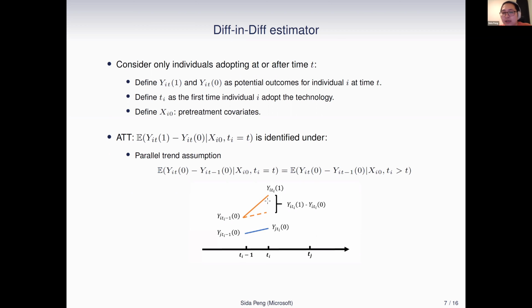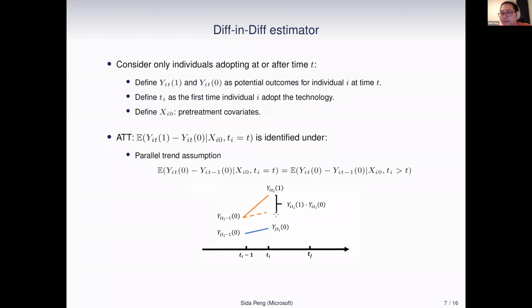Notice that because i already adopted at time T_i, what we observe is Y_iTi(T_i), the potential outcome evaluated under adoption. The parallel trend assumption says that if i had not adopted at time T_i, it would move in a similar trend as Y_j, drawn by the dashed line. The difference here is the ATT we are interested in.